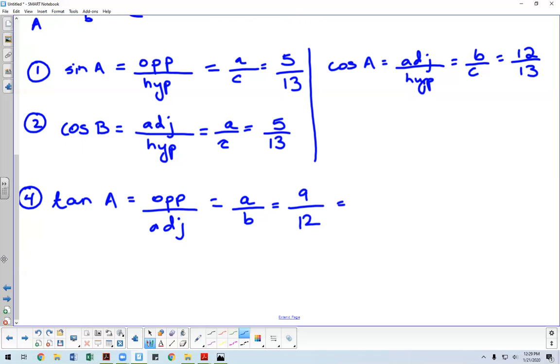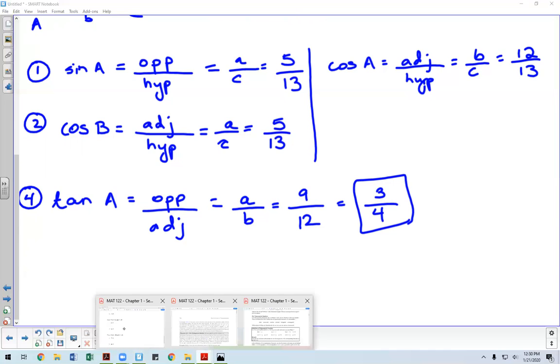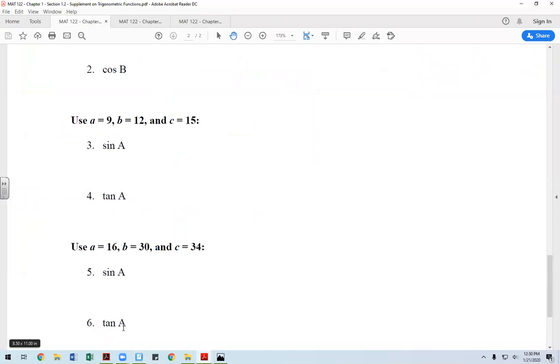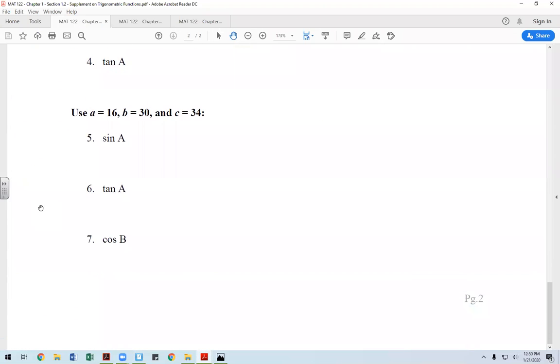So what does that reduce down to? There you go, 3 over 4. Always remember to reduce your fractions. Okay, so using that same idea, let me see what values you guys can come up with for that last triangle. 5, 6, and 7.